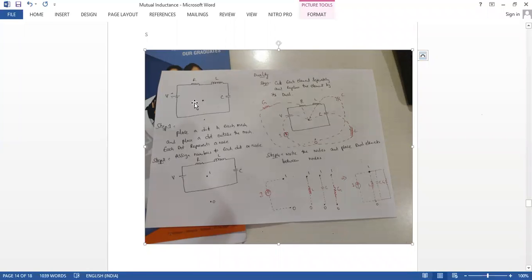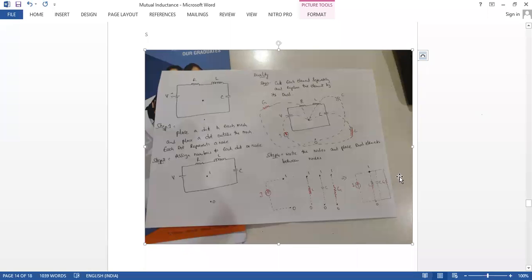Now all of you, this is a series circuit, right? What is the dual of series? Parallel. So if there is an inductor, the inductor will be converted into a capacitor, and the capacitor will be converted into an inductor. Voltage source is converted into current source. Resistor will be converted to conductance.